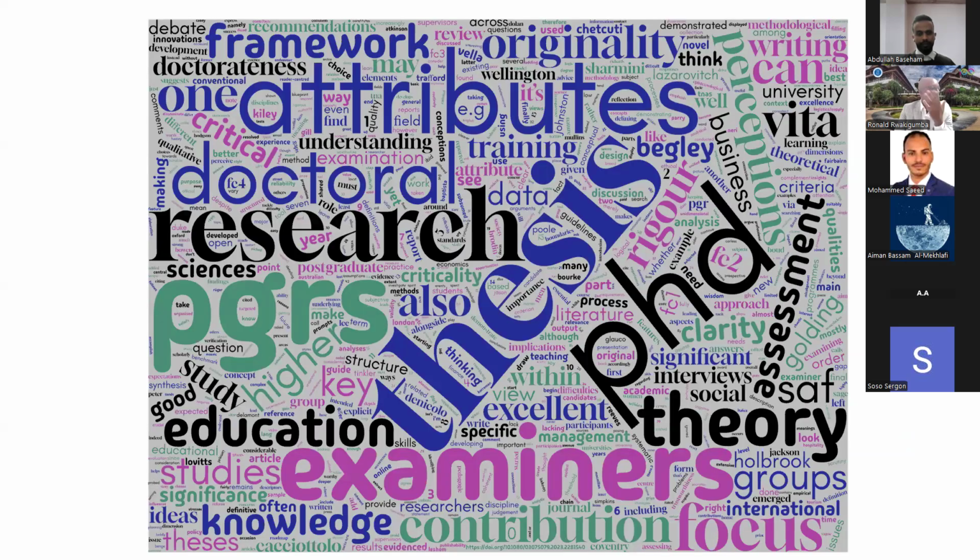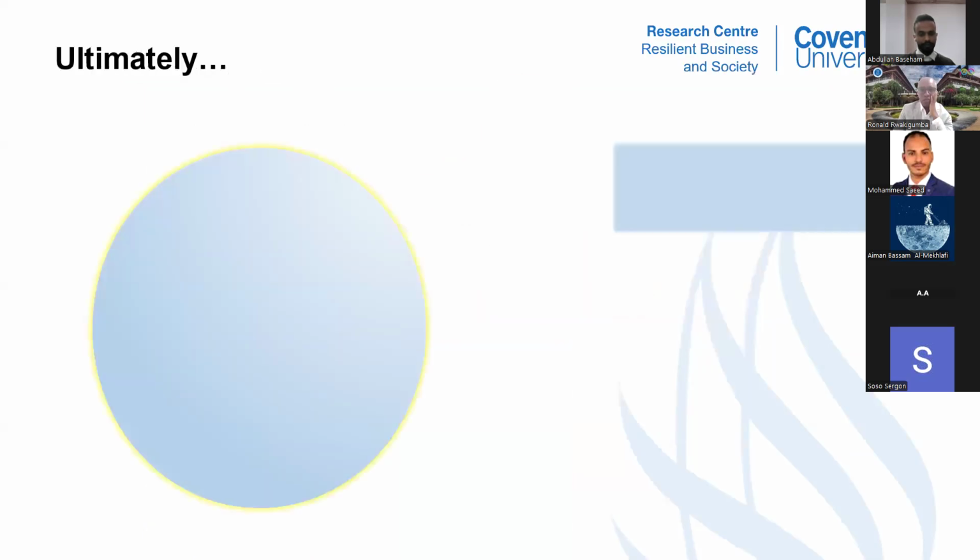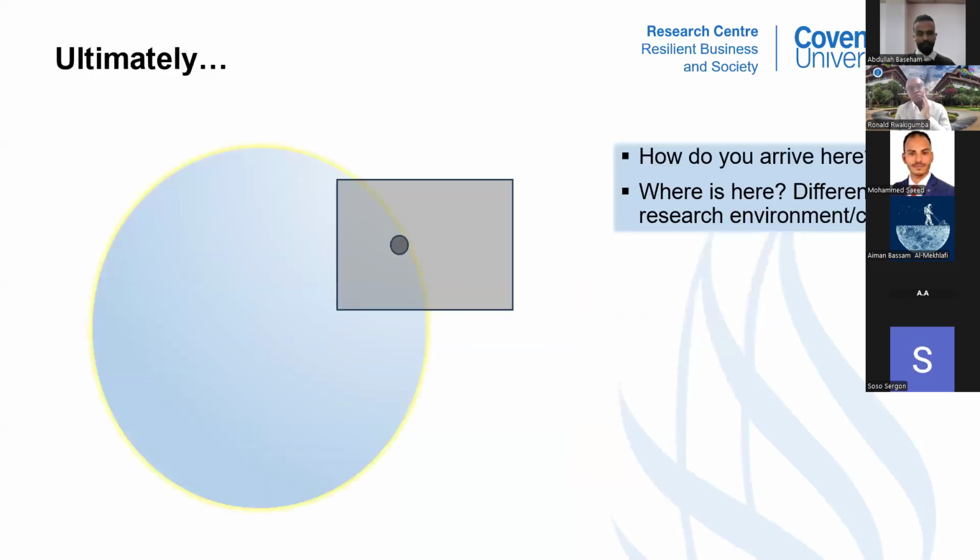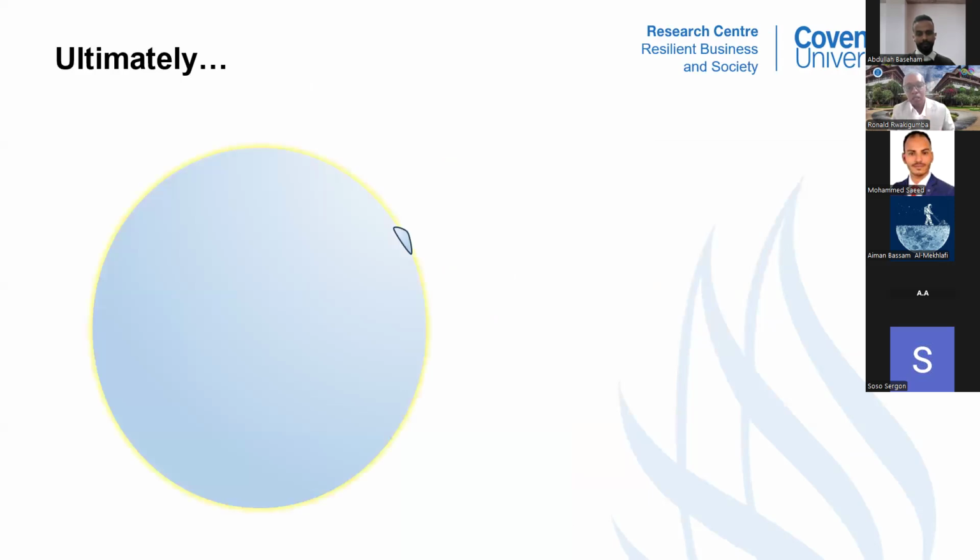You will have extended our knowledge of this sphere that you have, just by a little bit, and that little bit is enough for you to get your bachelor's, your master's, and your PhD. Great.